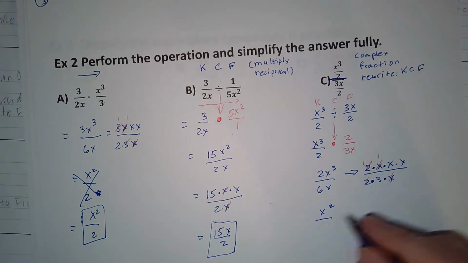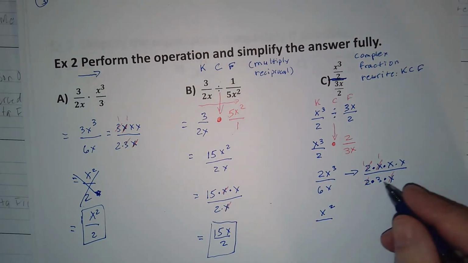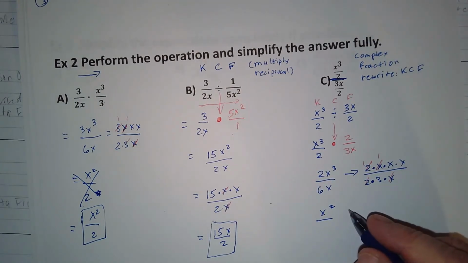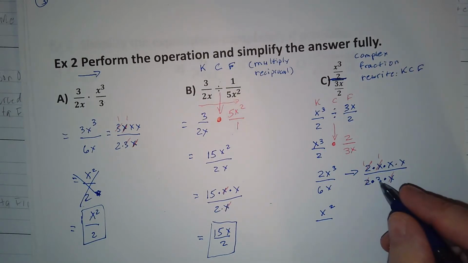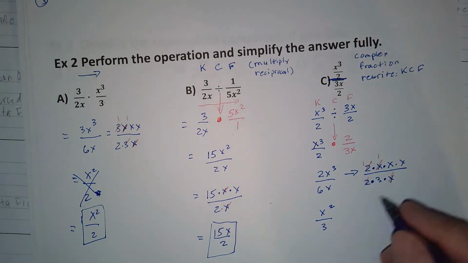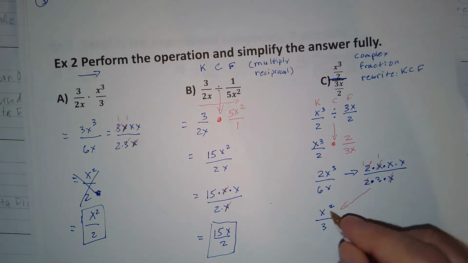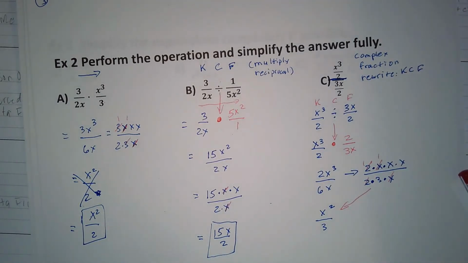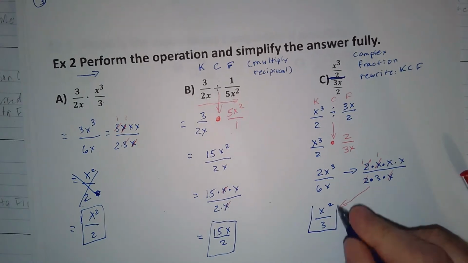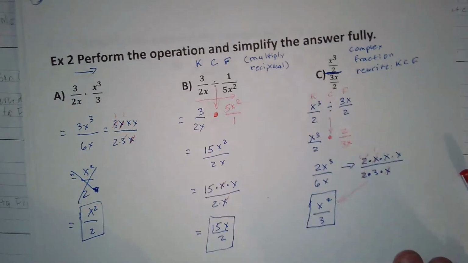Divided by, and then we're left with 3x. No, we're left with just 3. Only 3 is the only thing left there. So that's coming down from here to here, right? So this is our answer, x squared divided by 3. Okay? All right.